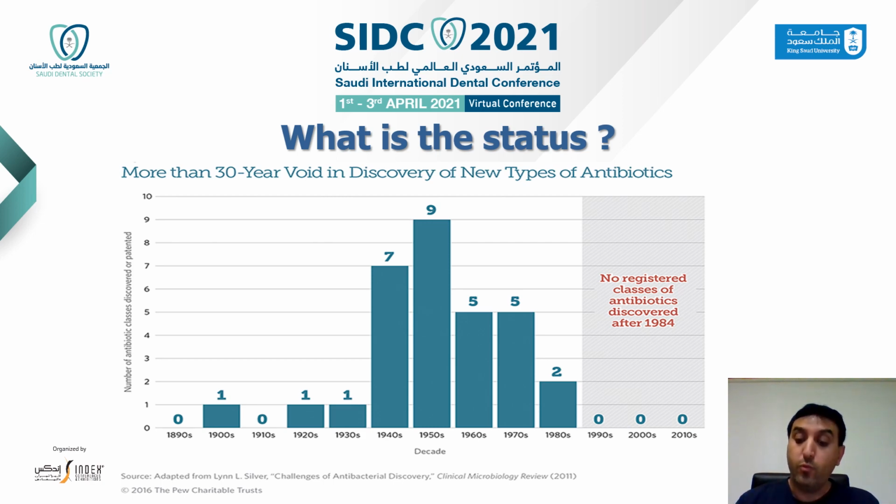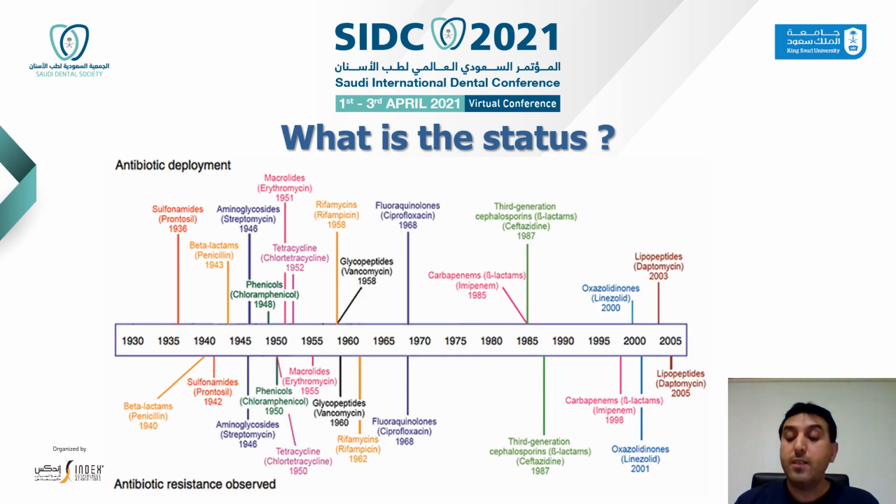And what makes it even worse is that the timeline from the discovery of a new antibiotic until we have a resistance is about 5 to 10 years, since the 1930s till nowadays. It becomes worse and worse because no new classes of antibiotics are being discovered. So the situation is really bad, and we are not learning from history. Now we're almost at a century, and we are still doing worse than before.